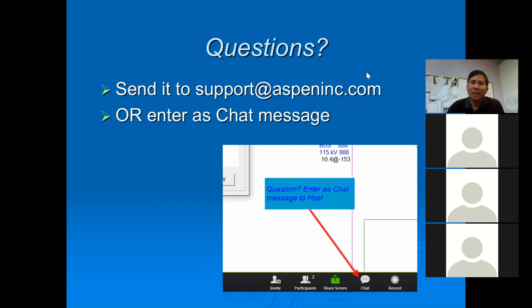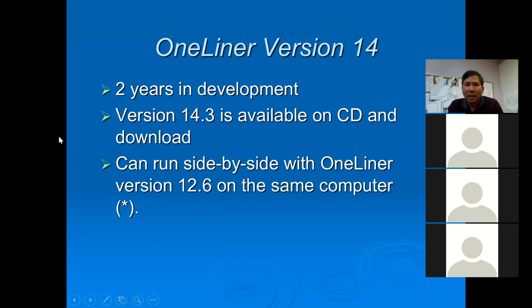All right, so let's see what's new in ASPEN OneLiner version 14. Version 14 is something we've been working on for more than 2 years, and as of today we name it version 14.3.